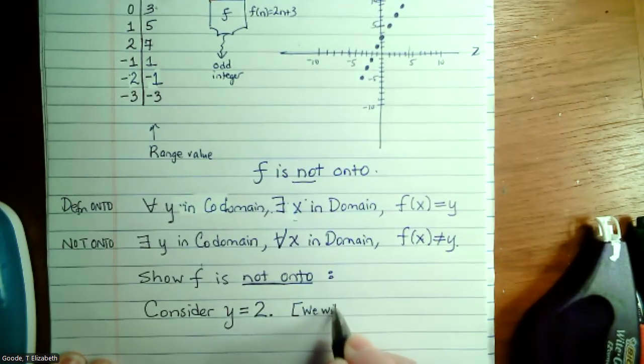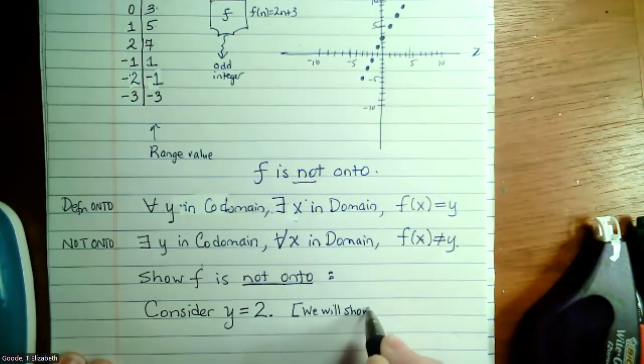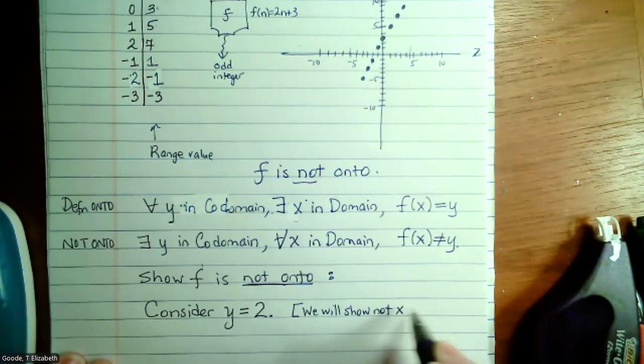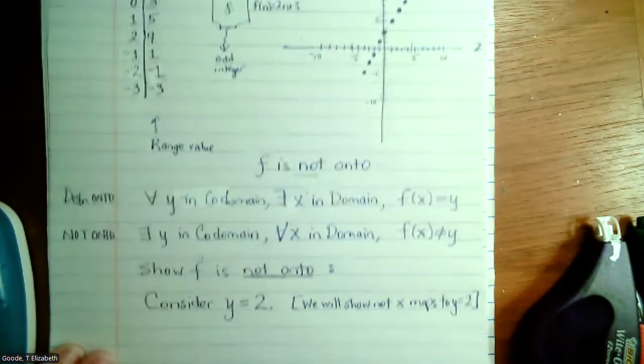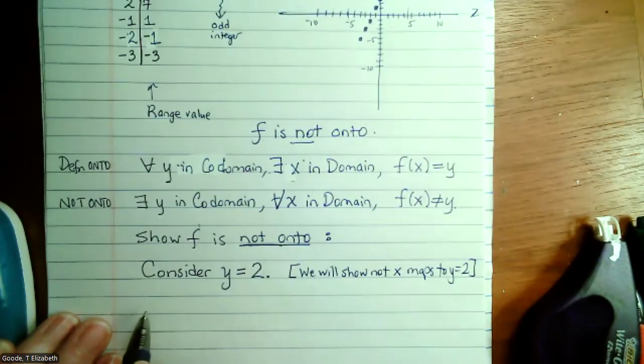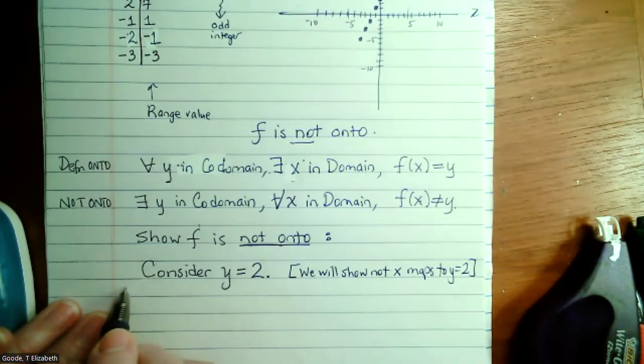We will show no x maps to y equals 2. If there were such an x that mapped to 2, we can do it by contradiction.